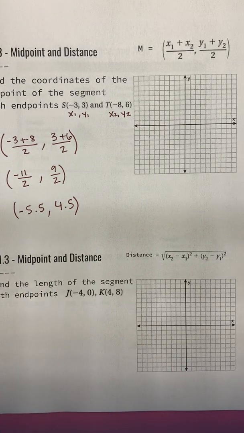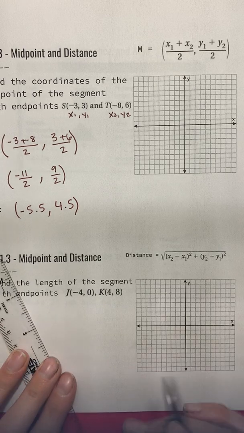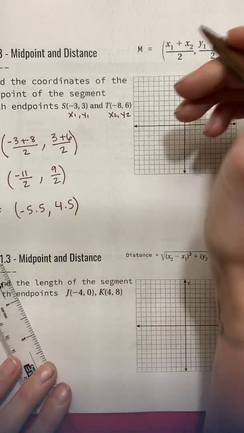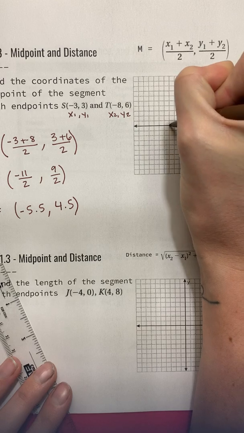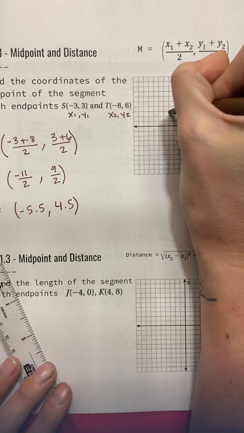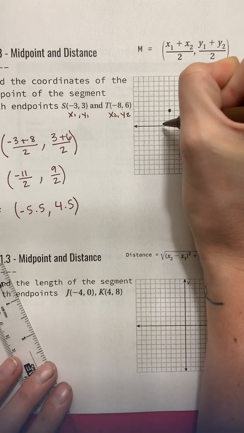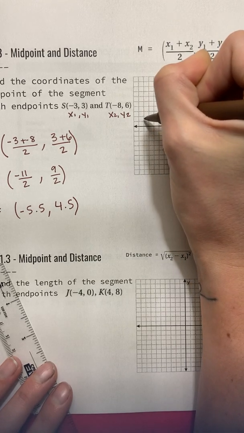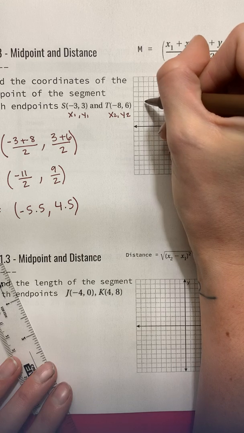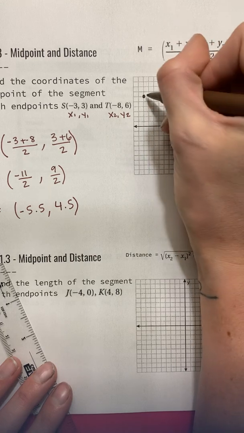If you choose to work it graphically, first thing we're going to do is plot those points. So -3, 3, and then -8, 6. Okay.